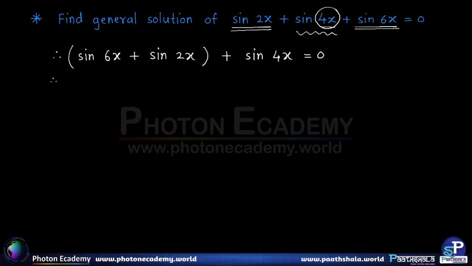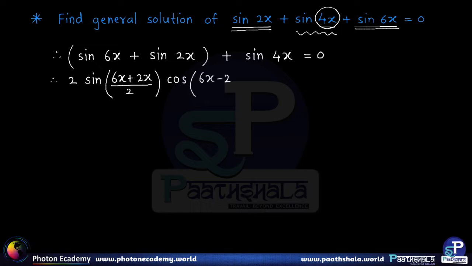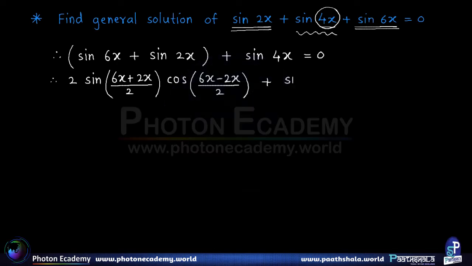So therefore factorizing, we have 2 sin of 6x plus 2x upon 2, that is 2 sin of a plus b by 2 into cos of a minus b upon 2, right, plus sin 4x as it is equal to 0.